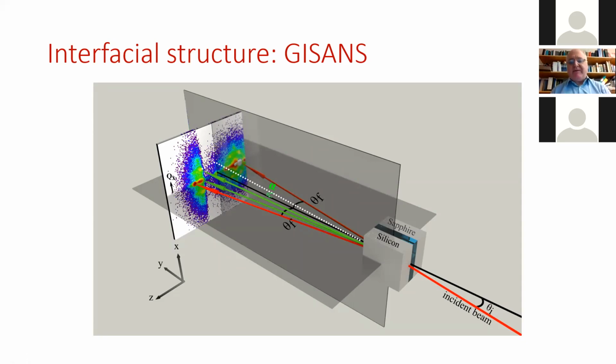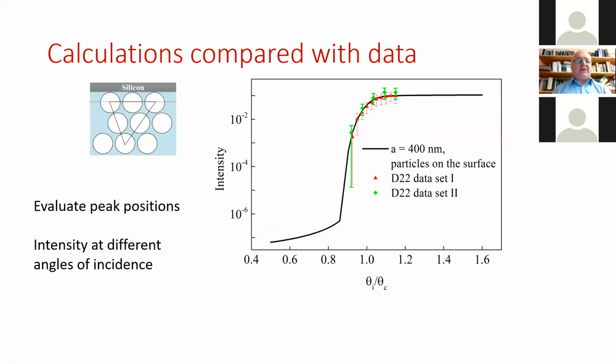And so it can really be very important to look at these. Now, the problem is that the peaks are actually quite low intensity, and actually modeling these peaks is really quite difficult. What we can do is look at the ratios of different peak intensities and see how they vary as a function of the incident angle. And we can compare them against different structures.